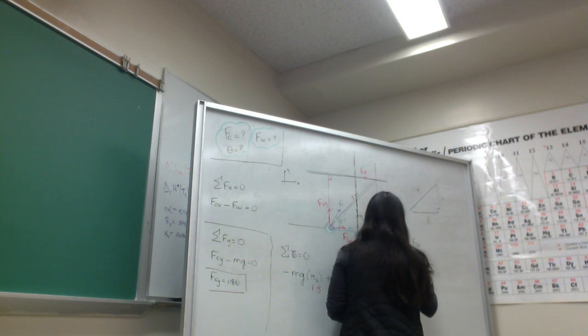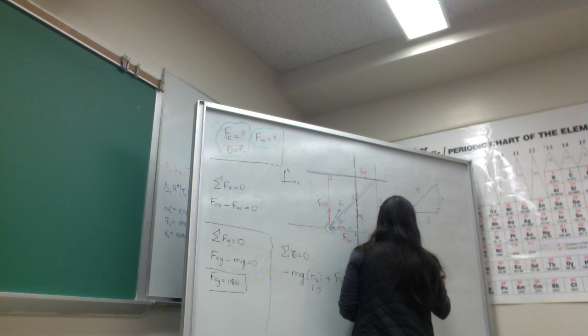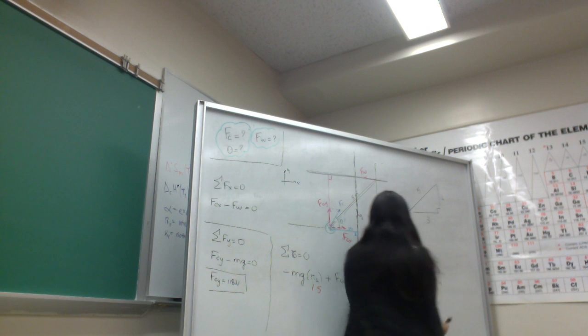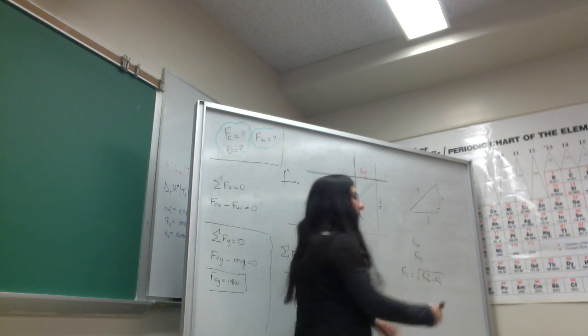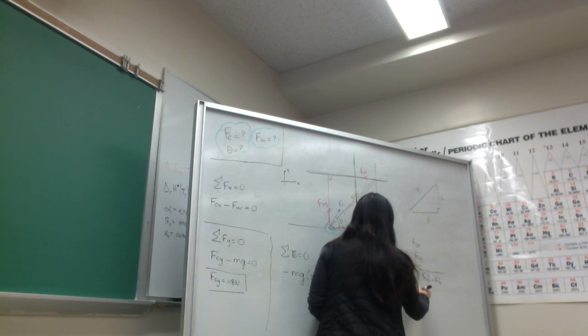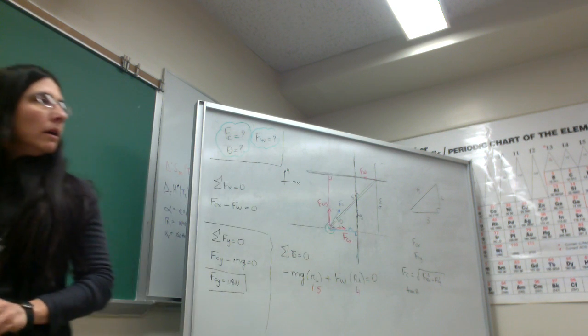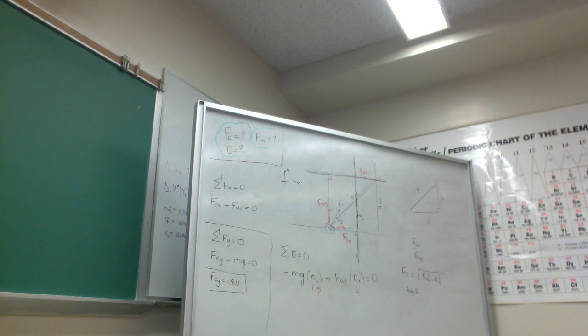So FC will be the square root of FCX squared plus FCY squared, if you have the triangle. So I use Pythagoras to get FC, and I use the tangent of the angle to get theta. So it's inverse tangent of y over x, right? That's it. That's the end of chapter 9.